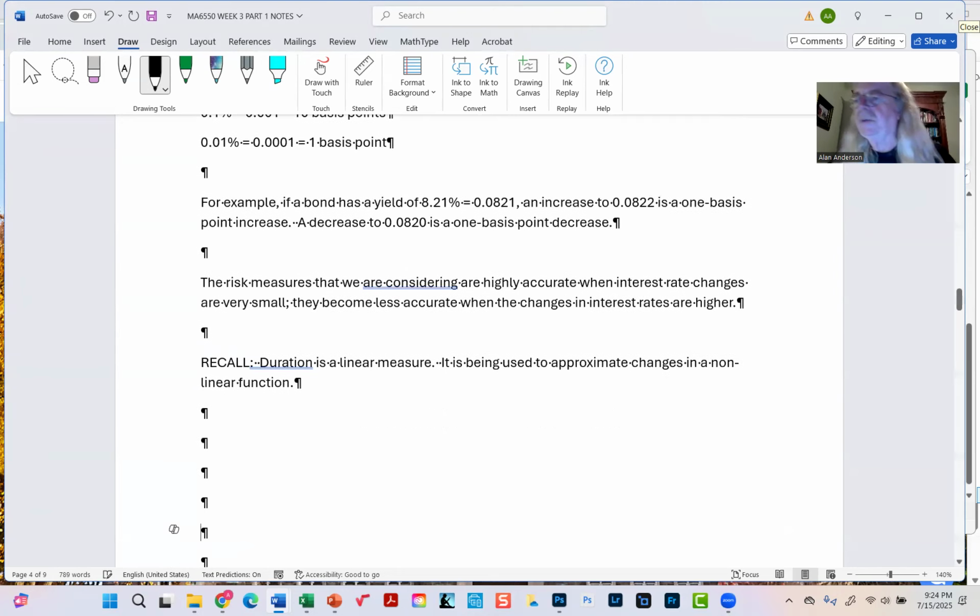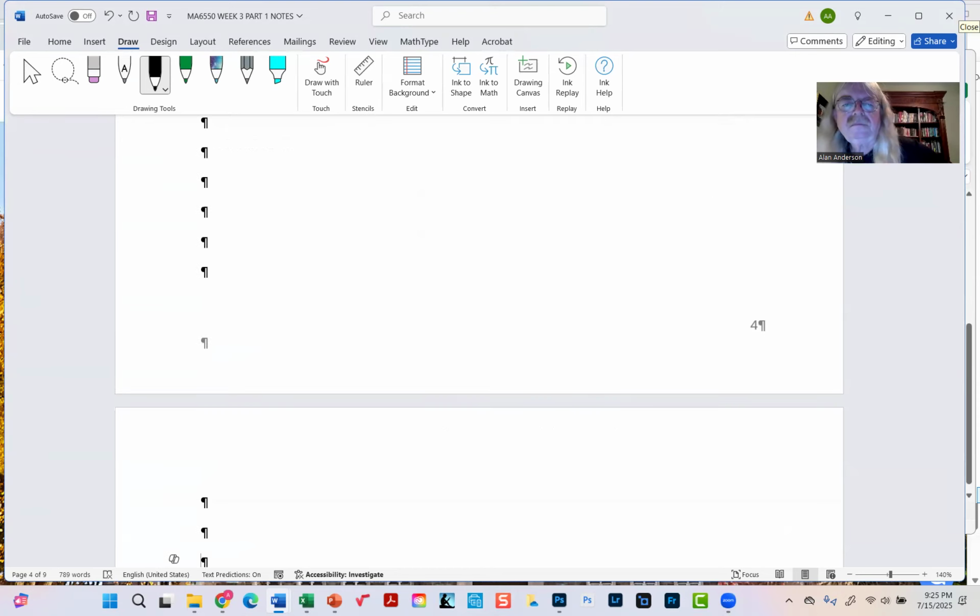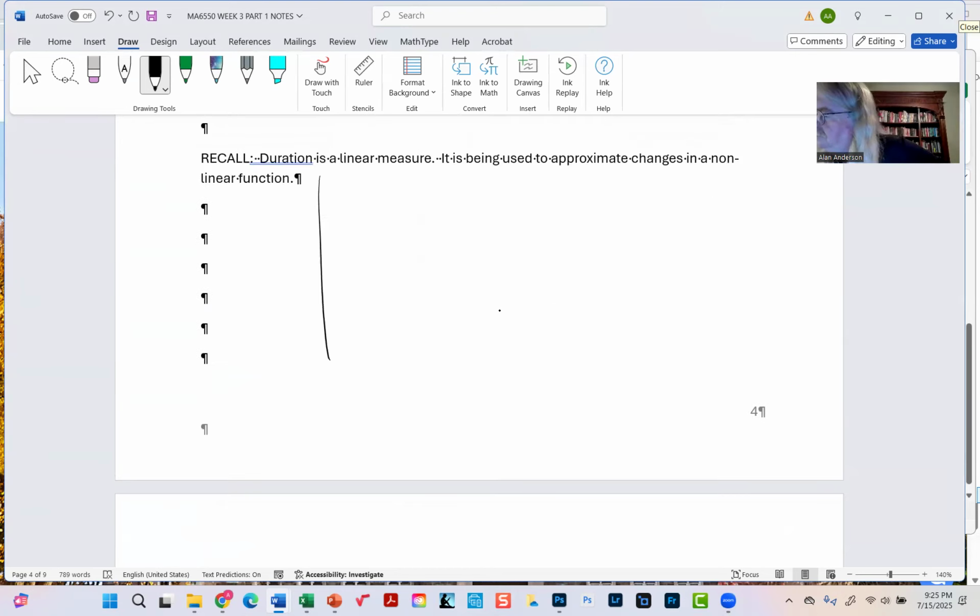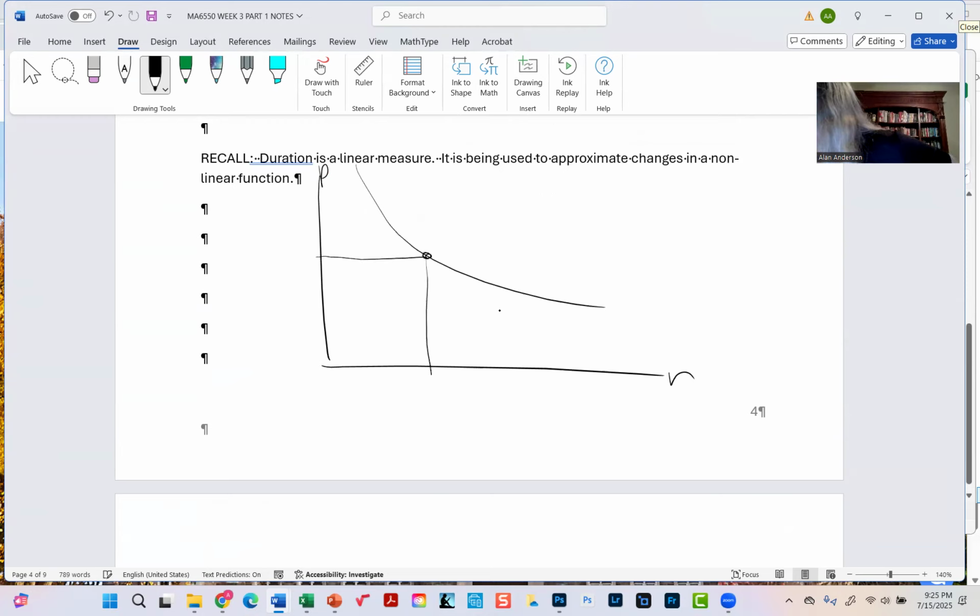Let me show you a quick example of what I mean by that. So let's say we're right here at 8.21%. So the duration is basically the scaled slope of this curve, the slope adjusted for the price of the bond. So we can think of it as this.